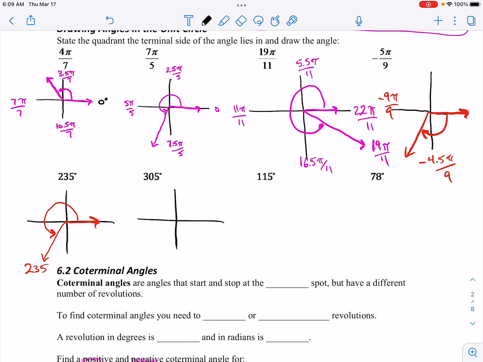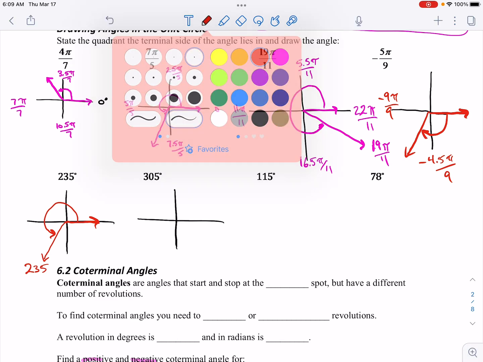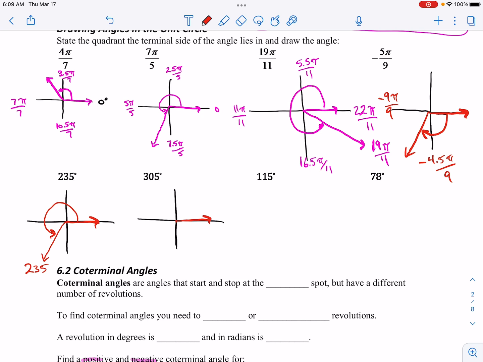Okay, 305, just look at your unit circle, is really close to 300 degrees, which is in the fourth quadrant, and we rotate counterclockwise. 115 is pretty close to 120, and counterclockwise.